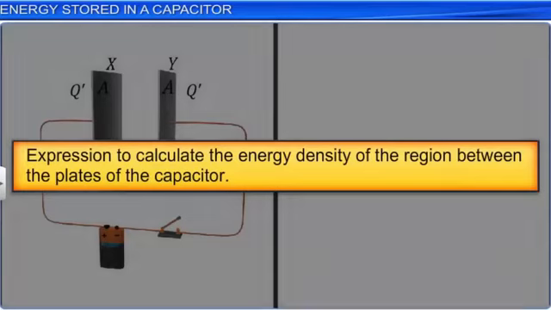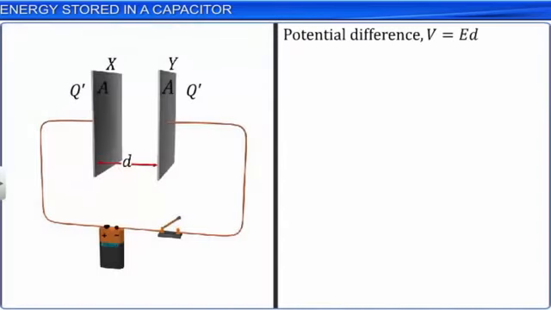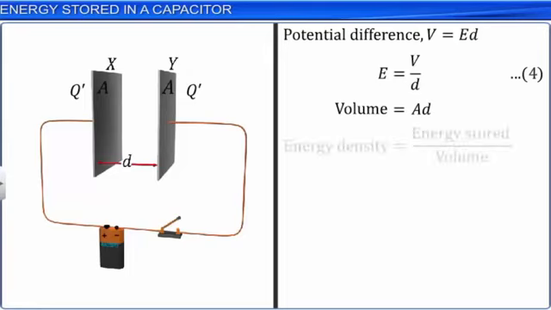The electric field strength E between the plates of the capacitor is equal to V/d, assuming a uniform electric field between the plates. Let this be equation 4. The electric field fills the region between the plates, and this region has a volume equal to area A into distance d. The energy density is defined as energy stored per unit volume. Therefore, energy density is equal to the energy stored divided by volume.